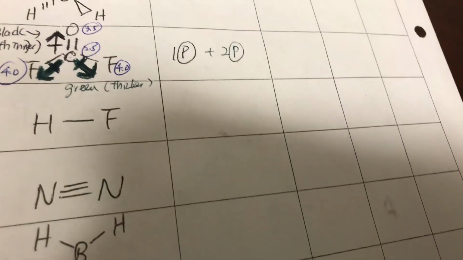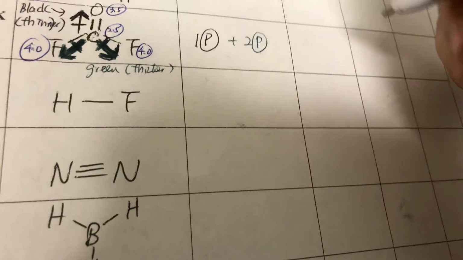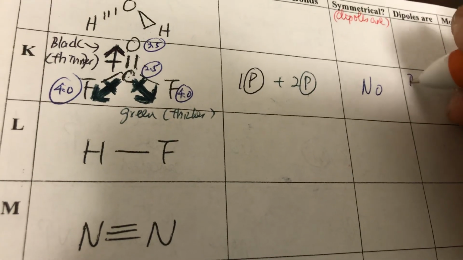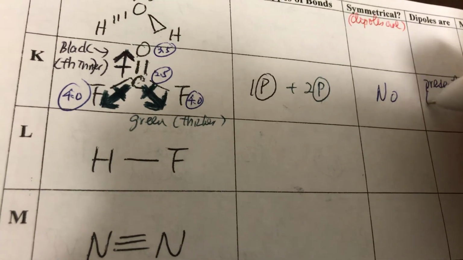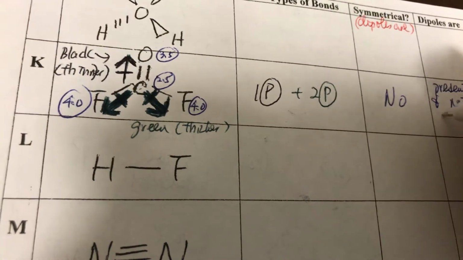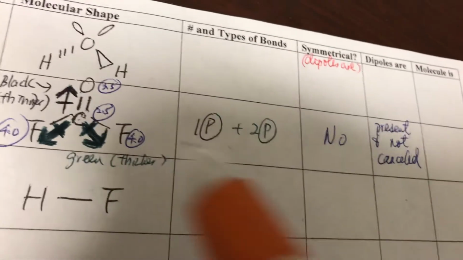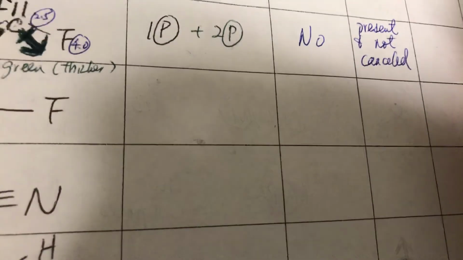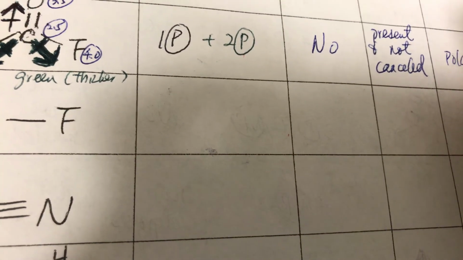So the dipoles are present and not cancel, because this one has a different strength than the other two. So in this case, my molecule is polar.